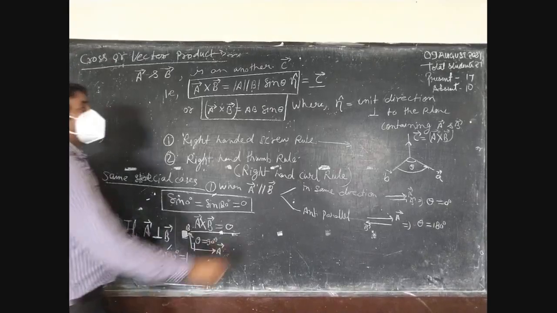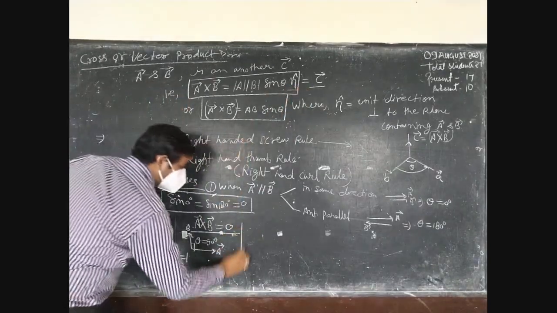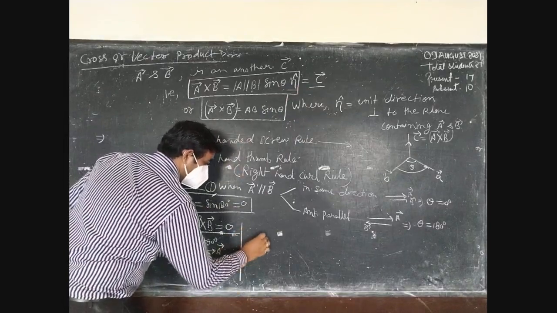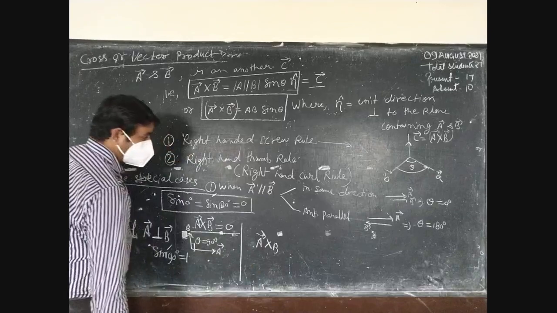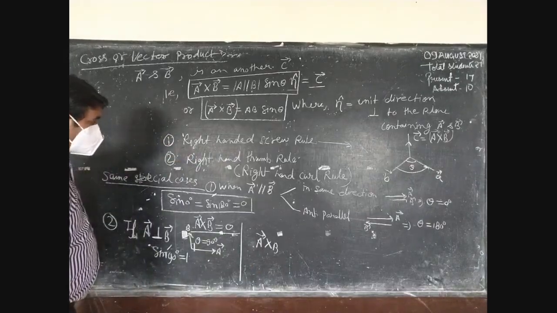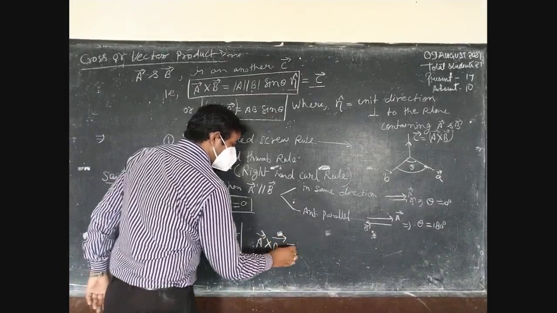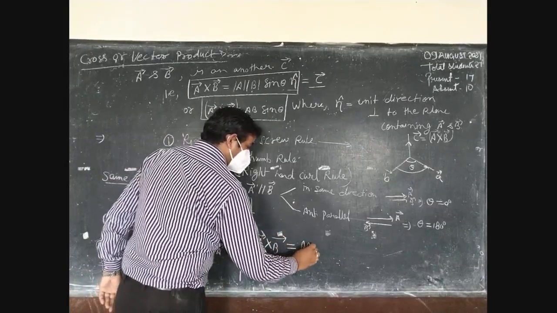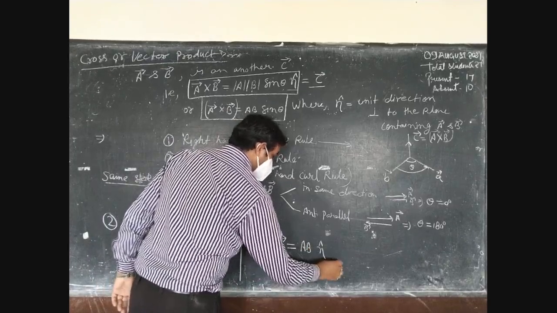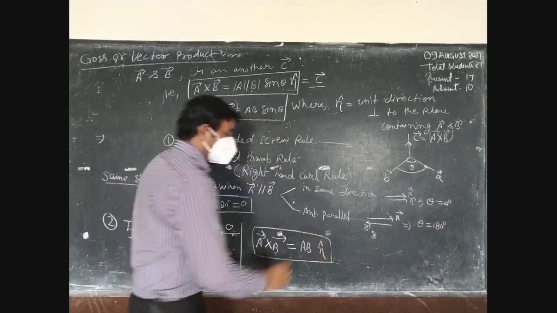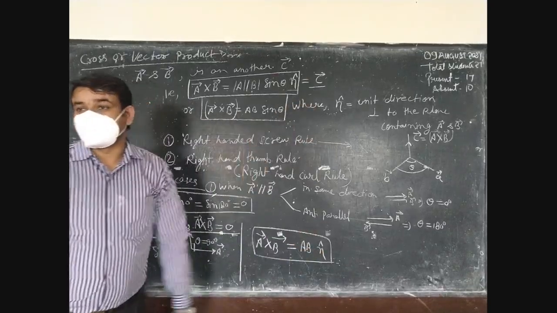So we get that vector A cross vector B is AB n cap, and the direction of this n cap is the direction of it.